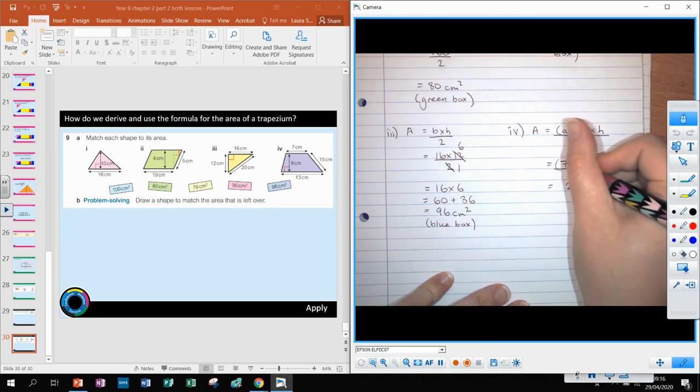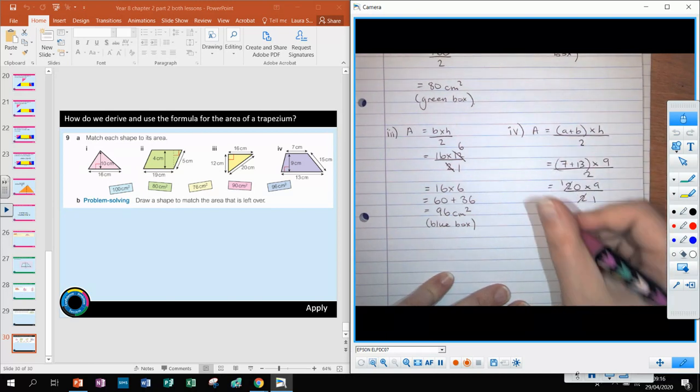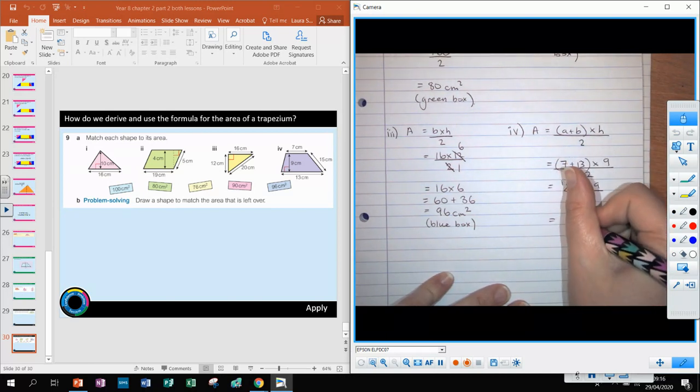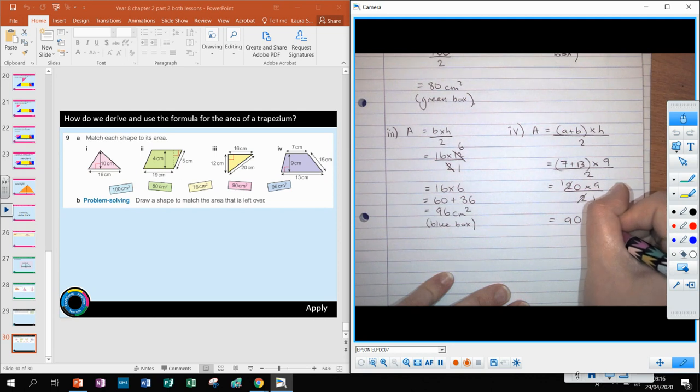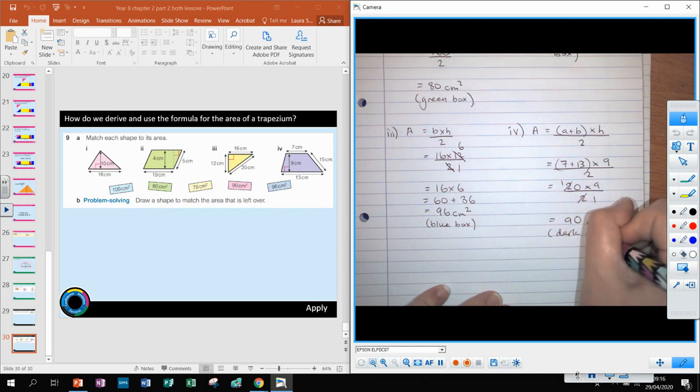That's going to be 20 in the bracket times 9, all divided by 2. Let's cancel down. That becomes 10, which gives us 10 times 9, which is 90 centimeters squared, and that is the dark pink box.